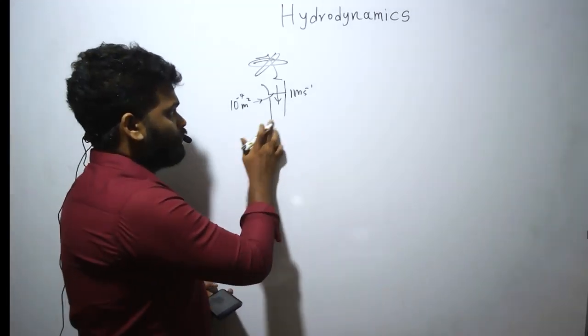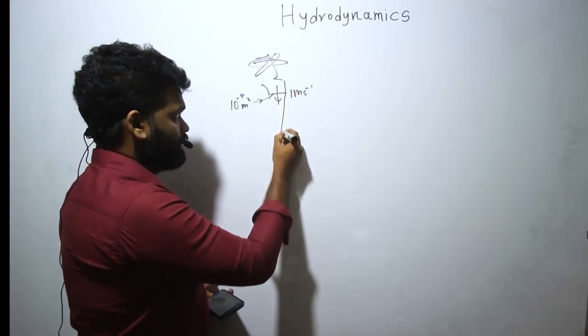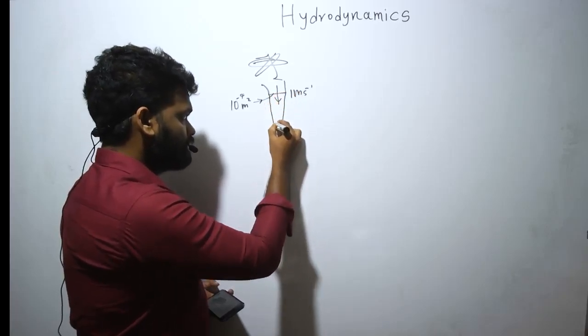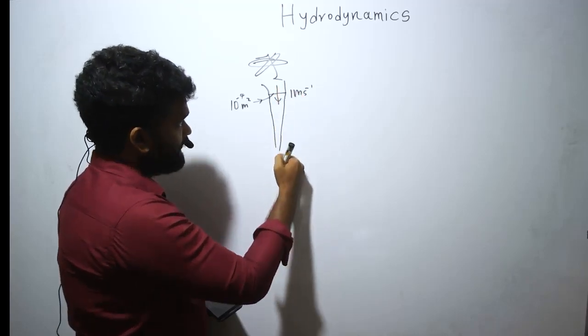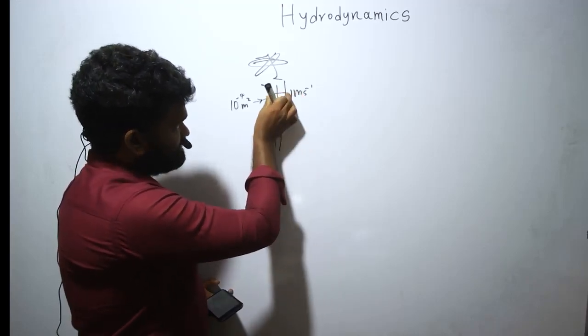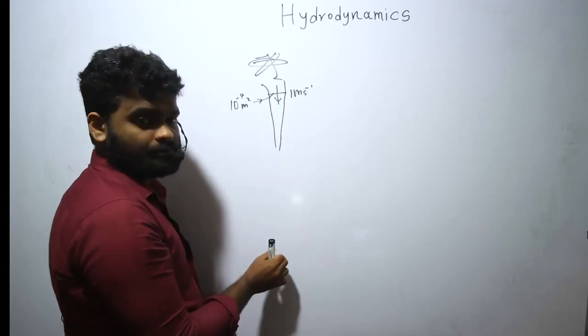So you might have noticed that when you slightly open the tap, the water flow gets a shape like this, right? It gets narrower as it falls down.